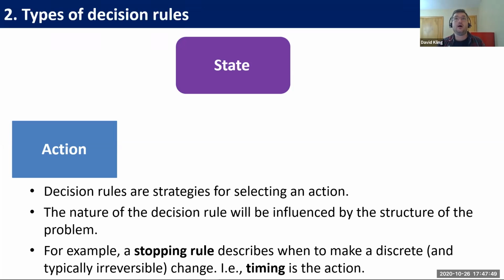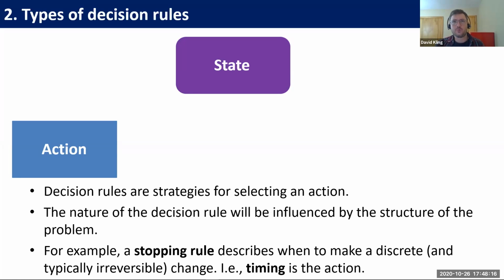So for example, there's a very large economic literature, and it comes up in other areas too, of optimal stopping problems, where you're trying to determine a stopping rule when you make a discrete and typically irreversible jump from one action to another. So just off the top of my head, I haven't done a paper on this or anything, but I'm sure there is one out there.